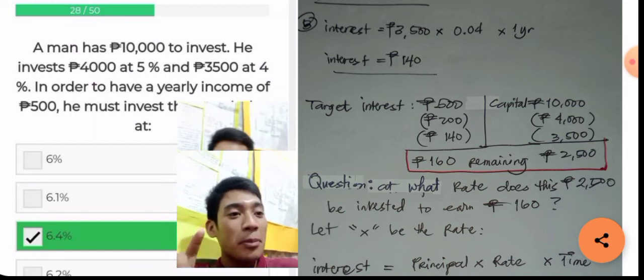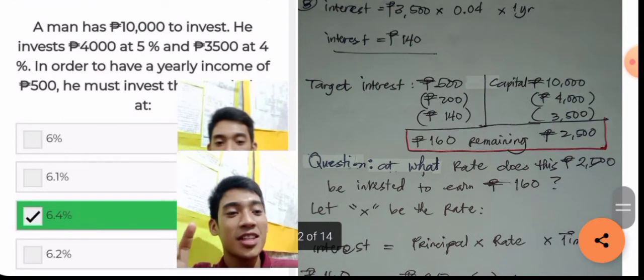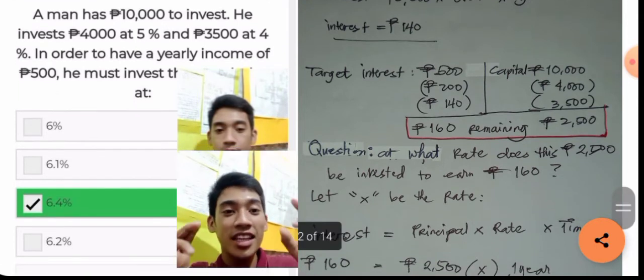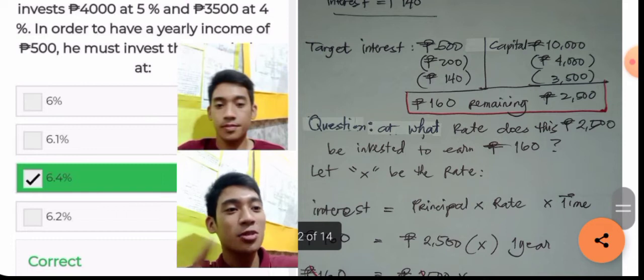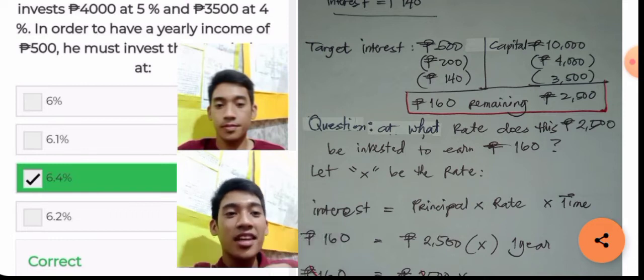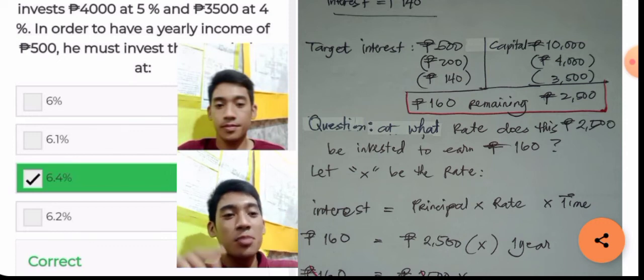So from our capital, 10,000, subtract 4,000 and 3,500, the remaining is 2,500. So at what rate must these 2,500 be invested? At what percent? The question here is, at what rate does this 2,500 pesos need to be invested to earn 160 pesos? So let X be the rate.